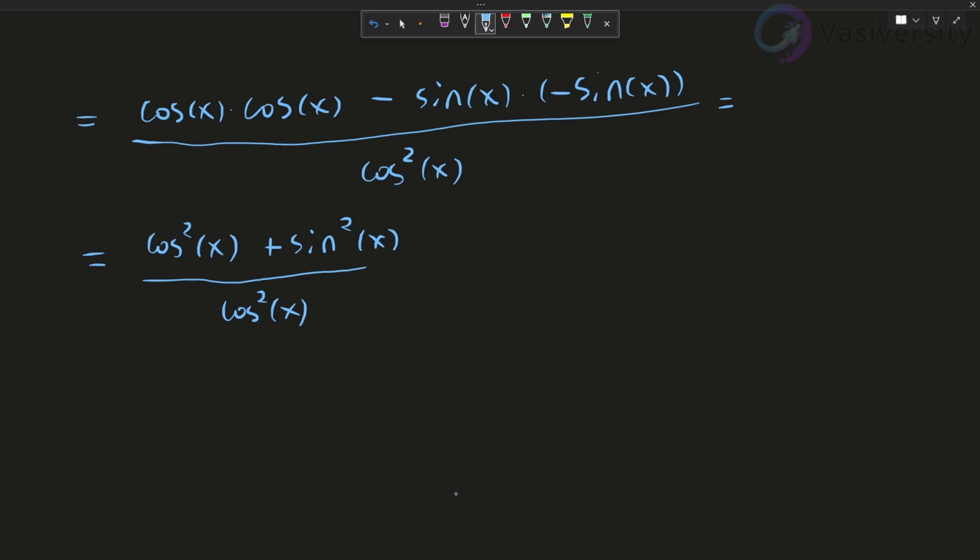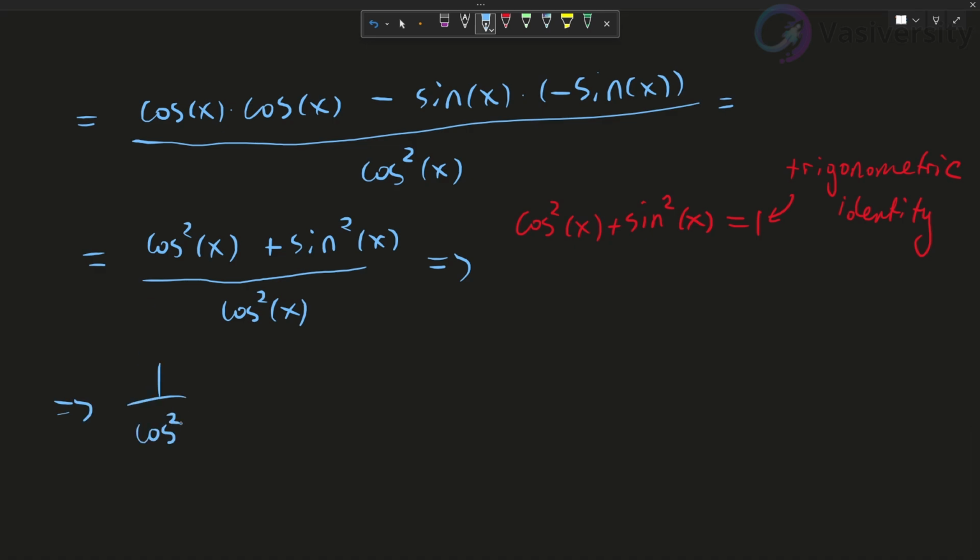Well, let's recall the trigonometry. By the trigonometric identity, we have that cosine squared x plus sine squared x is equal to 1. We call it the trigonometric identity. This is the most important identity in the entire trigonometry. Okay, so that means it becomes 1 over cosine squared x.